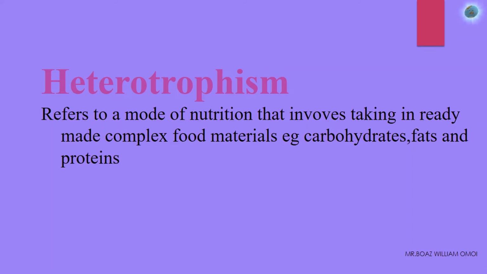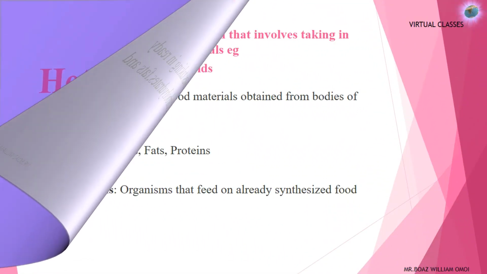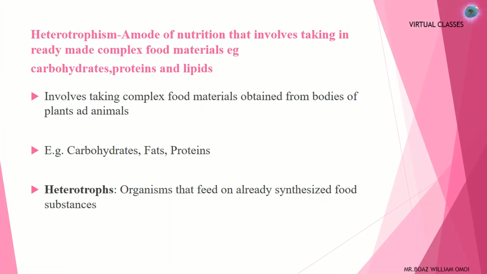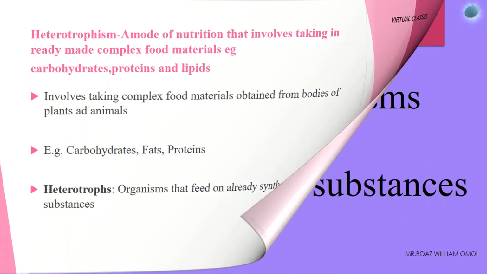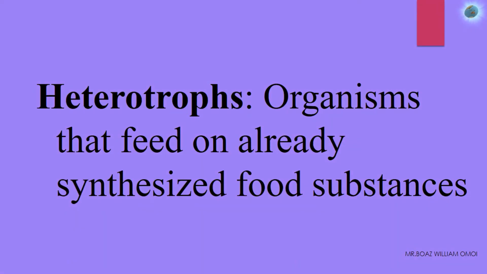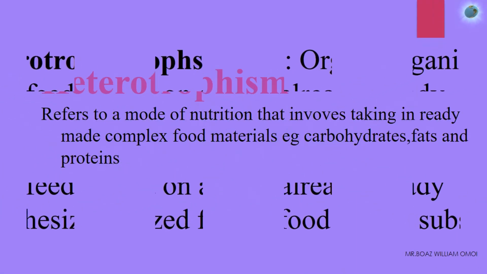Now, organisms that feed on already synthesized food materials are called heterotrophs. So, these organisms feed on carbohydrates, which are already made, fats, which are already synthesized, and proteins, which are already synthesized. So, like in autotrophism, you need to distinguish heterotrophism from heterotrophs.